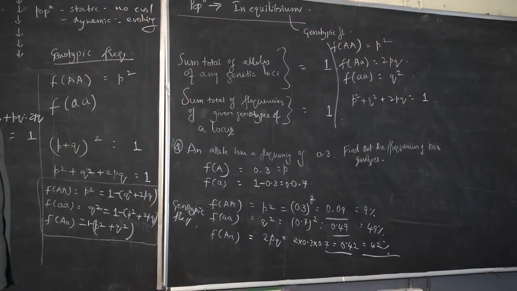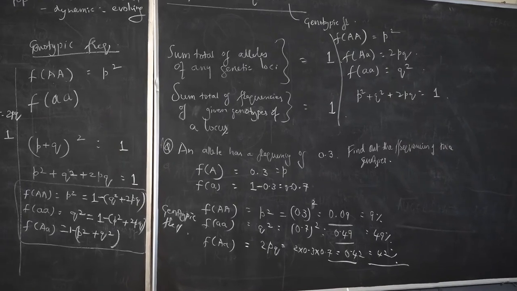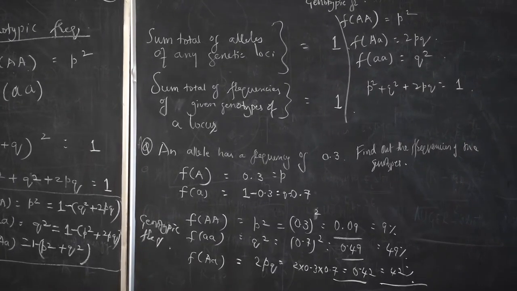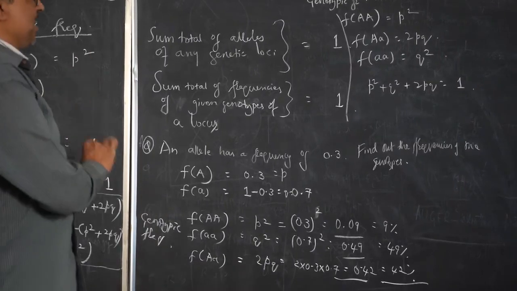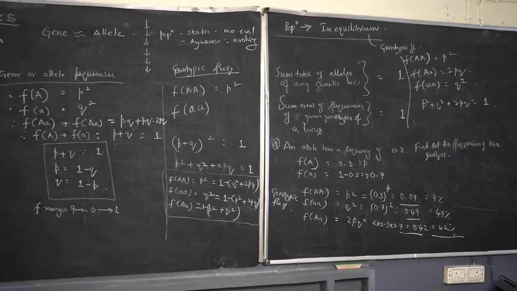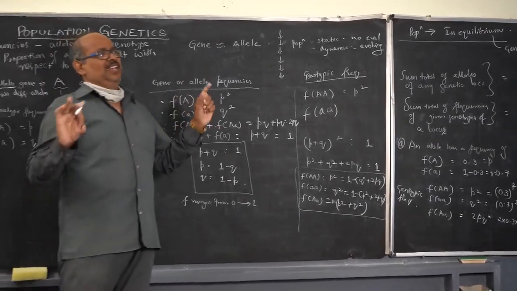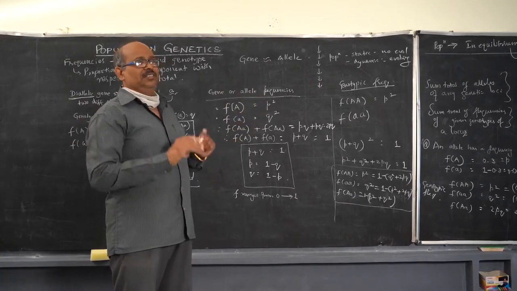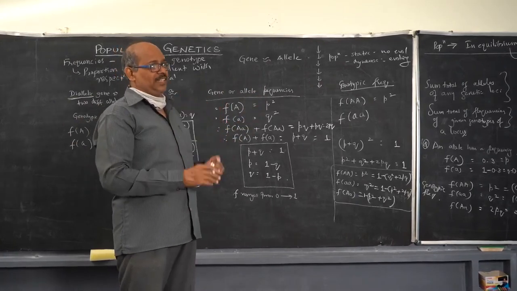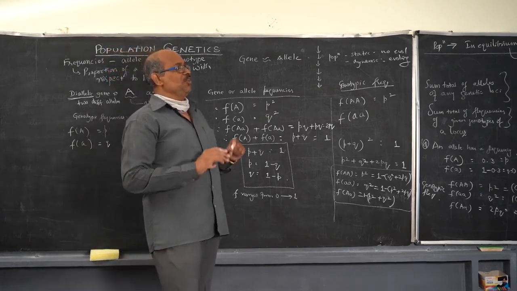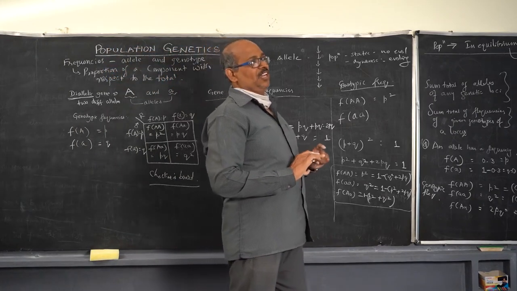So this is the population in equilibrium. So when population is in equilibrium, genotypic and gene frequencies remain constant from one generation to the next generation. So I can happily say this population remains static. But the rule is, if the population is static, it will not evolve. And if there is no evolution, the population will not sustain.